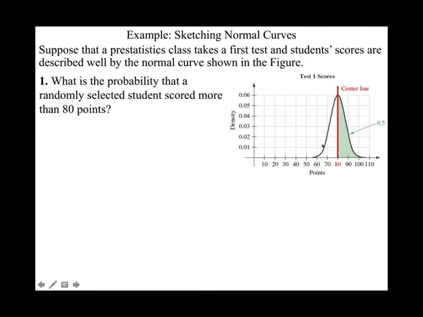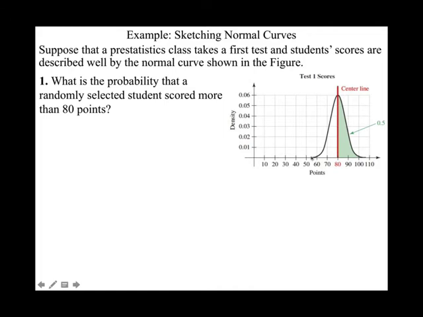Remember, what is the total area under the curve? The total area under the normal curve will be equal to 1. And you can see right now we cut it in half. So you're going to know the area of the white here will be equal to 0.5. One more time: when you want to find the probability, you're looking for the area.